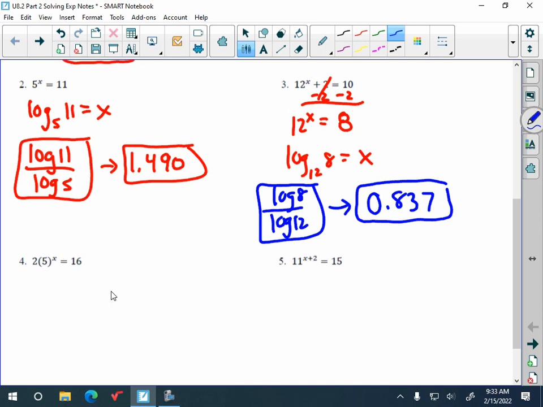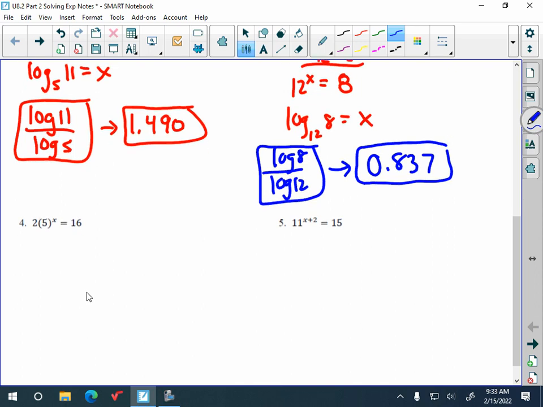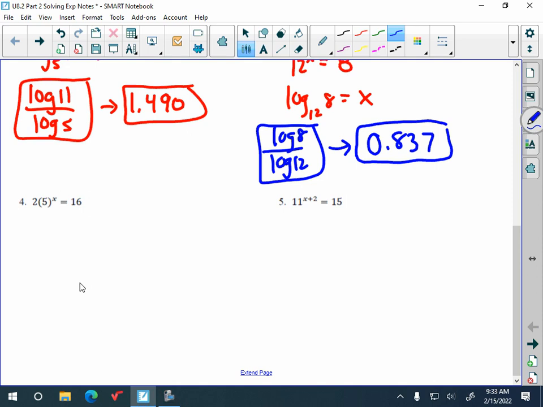All right, number 4. We have a 2 in front of the 5 to the x, so we have to get rid of the 2 first. Since it's being multiplied, we can divide both sides by 2. You can't multiply 2 times 5 and make it 10, but you can get rid of the 2 by dividing it. All right, and then we'll go to log form.